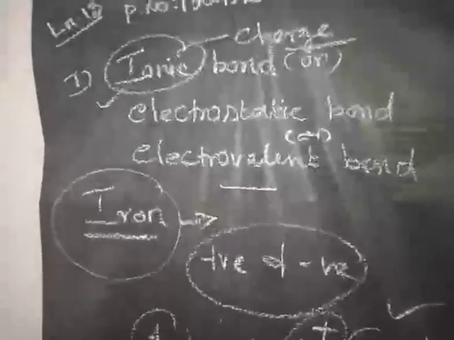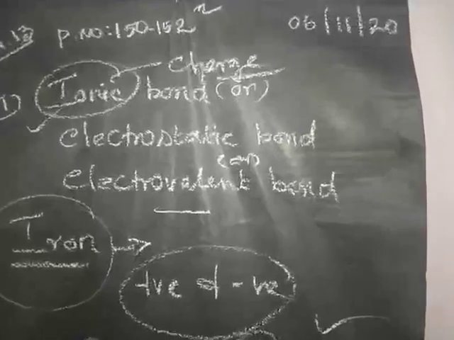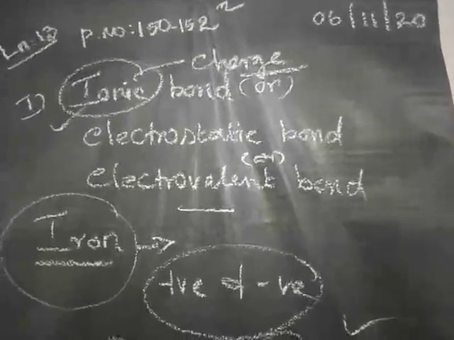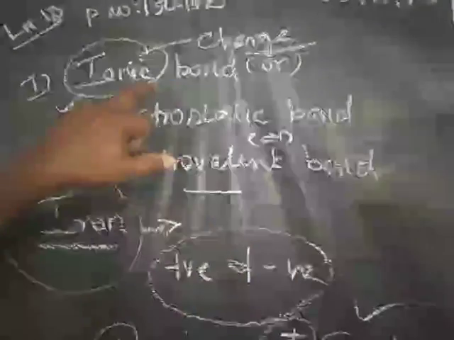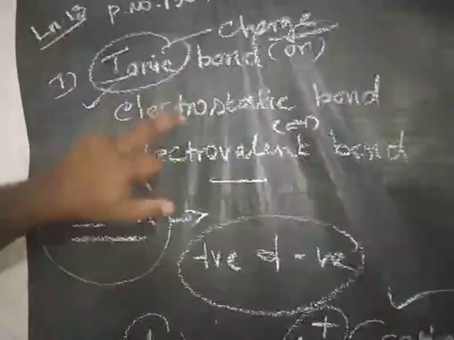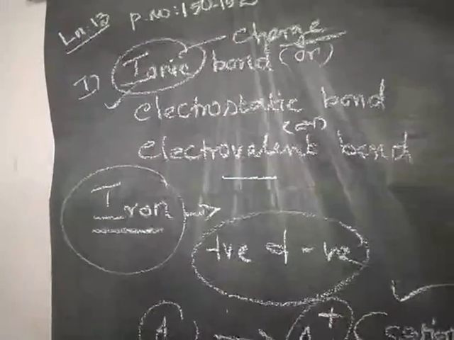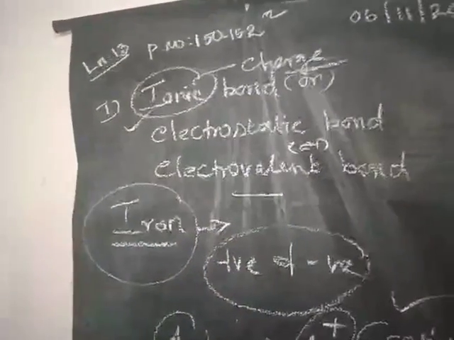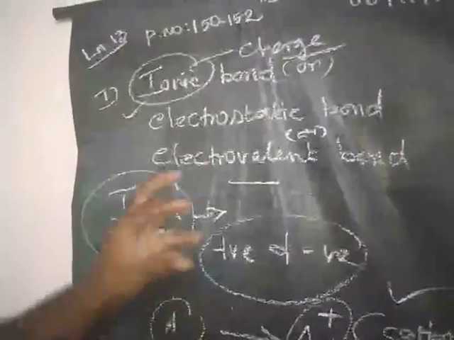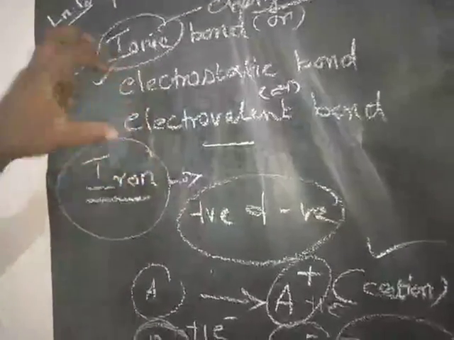Ionic bond is nothing but the bond formed between two ions, positive ions and negative ions. What is meant by electrostatic? The attractive force between positive and negative ions holding together is called the electrostatic bond.